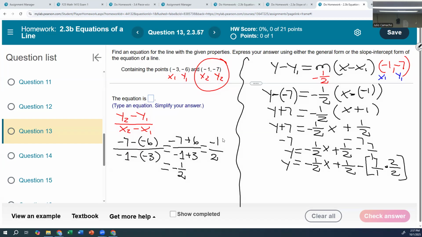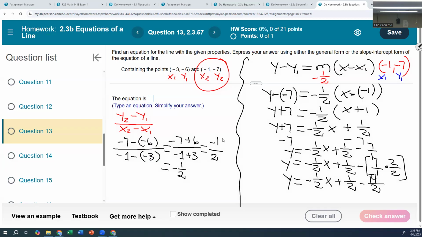Because I have y is equal to -1/2 x plus 1/2 minus, 7 times 2 is 14, and 1 times 2 is 2. So now I need to subtract: plus 1/2 minus 14/2.